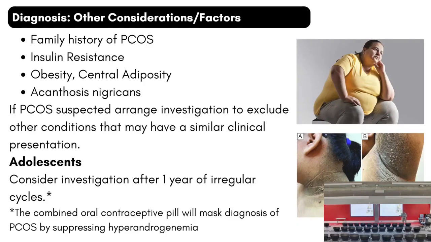Insulin resistance, obesity, and central adiposity in particular is also associated with PCOS as well. So it can give you more clues associated with what's going on.